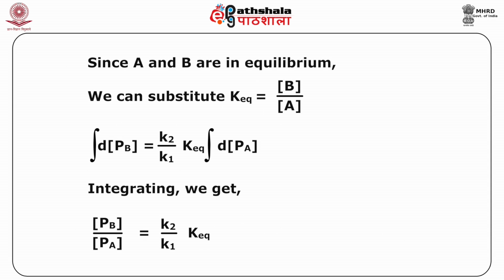Since A and B are in equilibrium, we can substitute K equilibrium as the concentration of B to the concentration of A, and integrating the equation further, we get the relation Pb/Pa equals K2/K1 times K equilibrium.